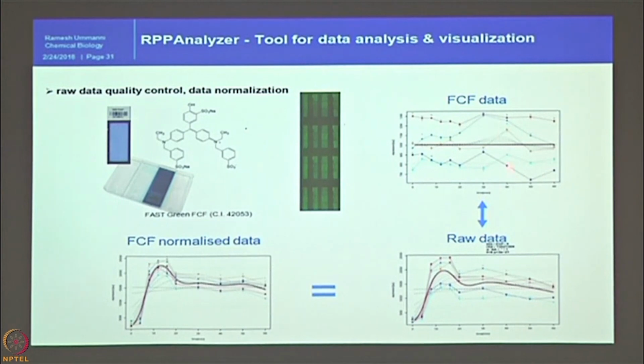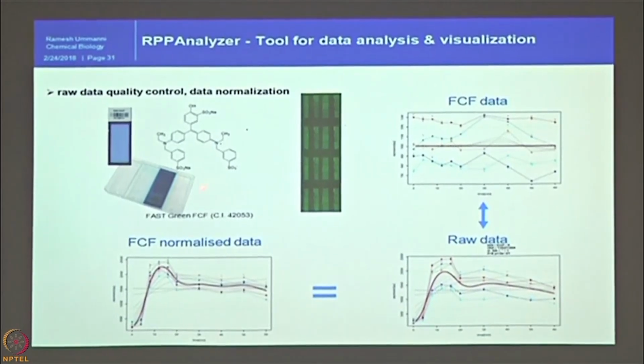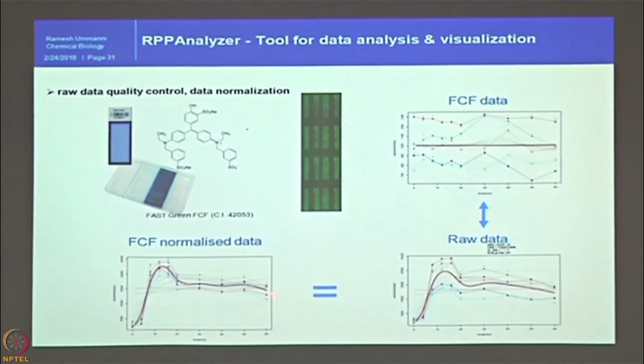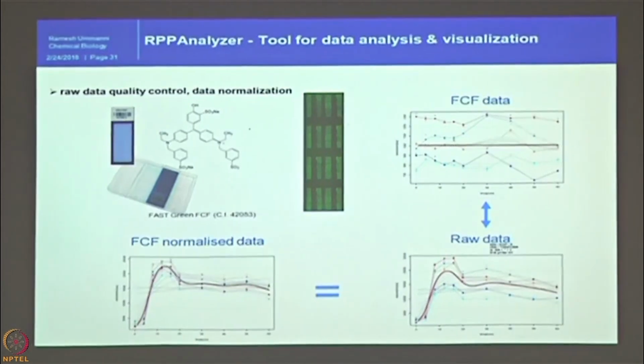So, you can already see that in this plot there are 5 or 6 different samples going a different way depending on the time, and these signals can be normalized. After normalization, once you plot this normalized raw data, it looks like this. To get a more smoothened data, once we normalize this with FCF, you can get signals like this. You can clearly see how nicely the data can be collected to make it biologically sensible.